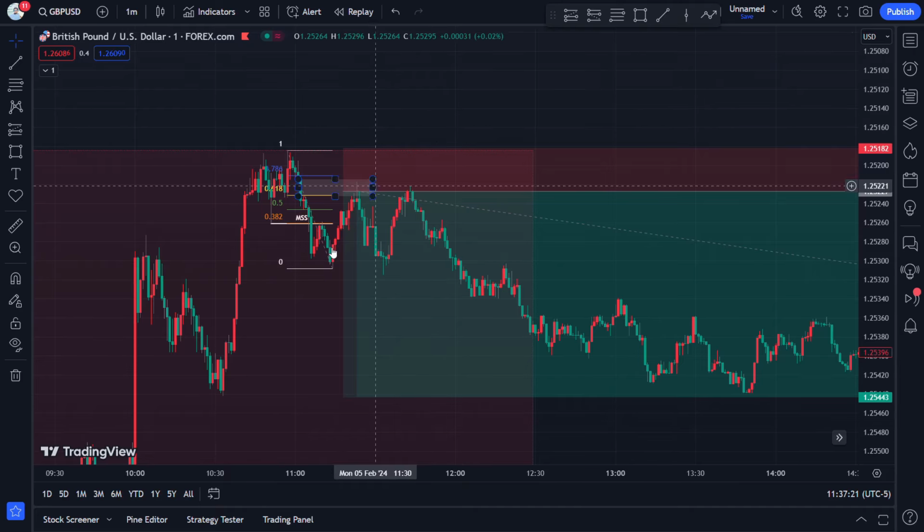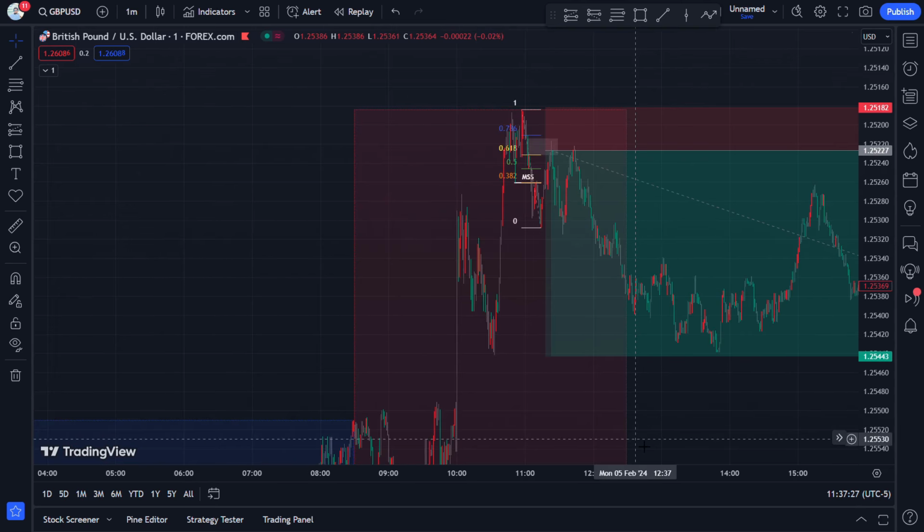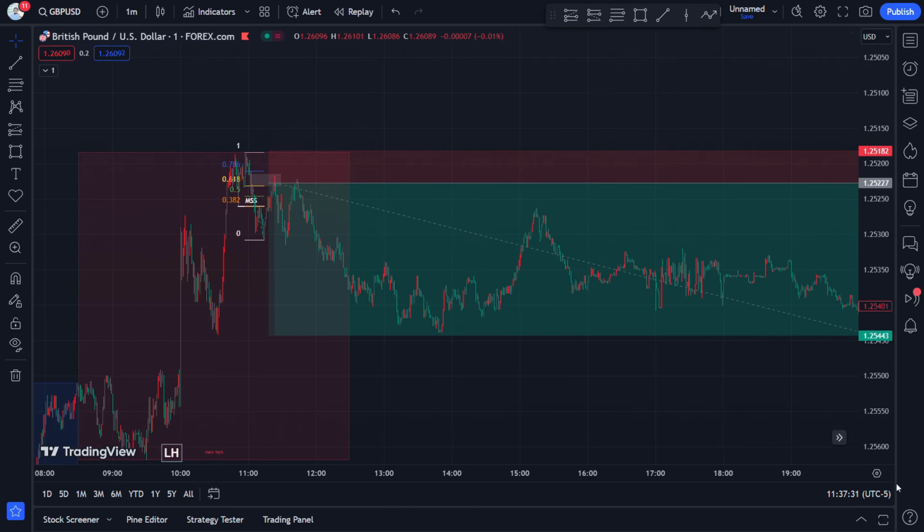In this case, the price is going to come back up and fill this fair value gap and then go back to your TP. So this is going to be the exact same setup for the short trade as well.